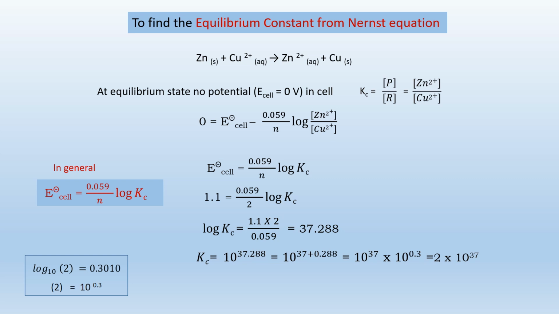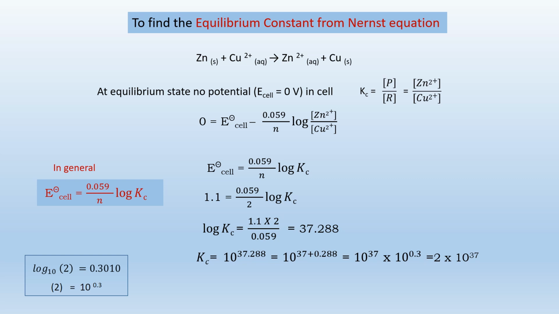On the whole, the negative logarithmic part will start increasing. Negative value increases means it will be subtracted from the E cell value. That is, 1.1 volt will be decreased from 1.1 to 1, 0.9, 0.8, 0.7, 0.6. At one point it becomes 0. That is, at the equilibrium state it becomes 0 volt. Okay, then there will be no potential. The reaction will stop. So I have written the cell potential as 0 in that Nernst equation.